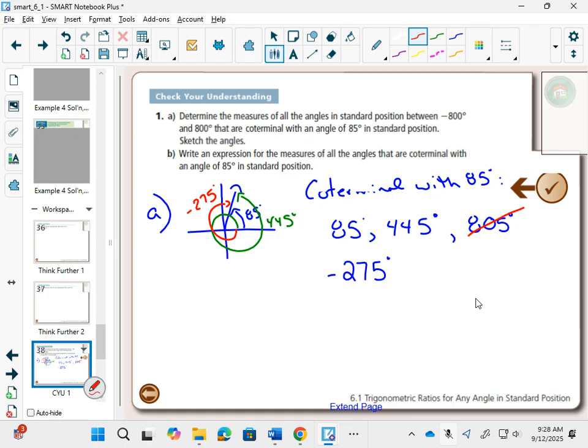And if I subtracted 360 again, negative 635 degrees. And I'll draw that one in purple. And can you see if I subtracted 360 again, I would get past negative 800. So we are done.